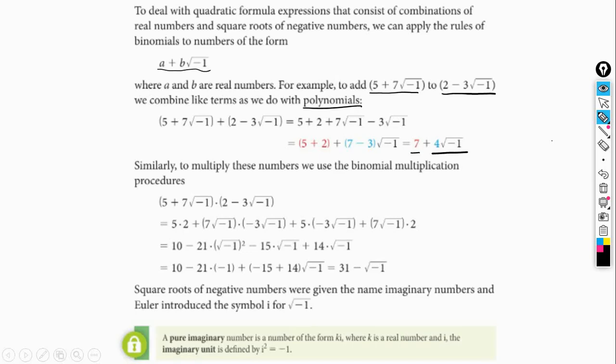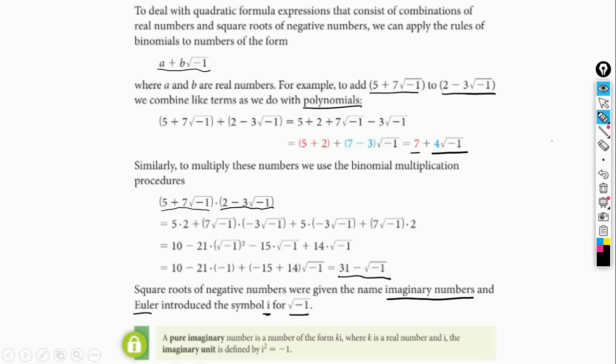Similarly, to multiply these numbers, we use the binomial multiplication procedures. So if we multiply 5 plus 7 times the square root of negative 1 times 2 minus 3 times the square root of negative 1, you can see that you'll end up with 31 minus the square root of negative 1. Square roots of negative numbers were given the name imaginary numbers, and Euler introduced the symbol i for the square root of negative 1.